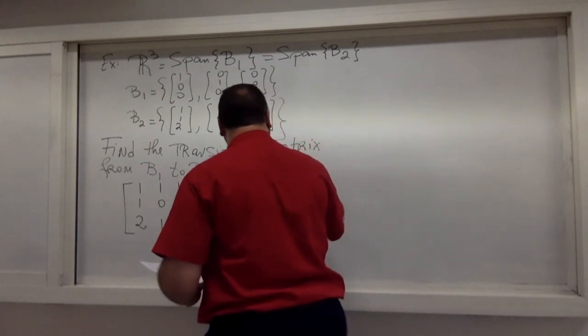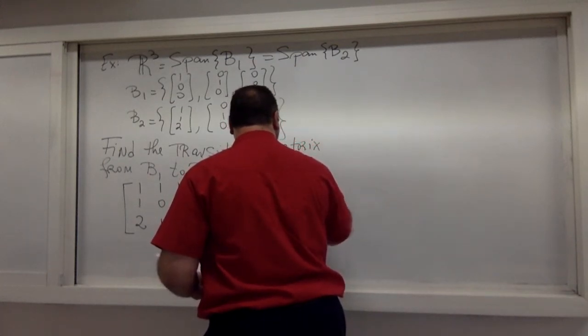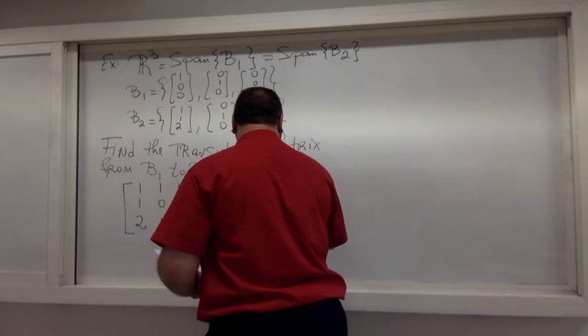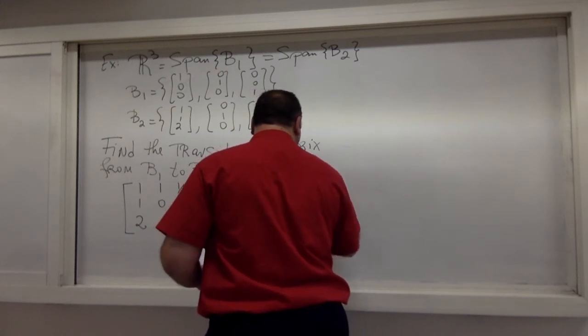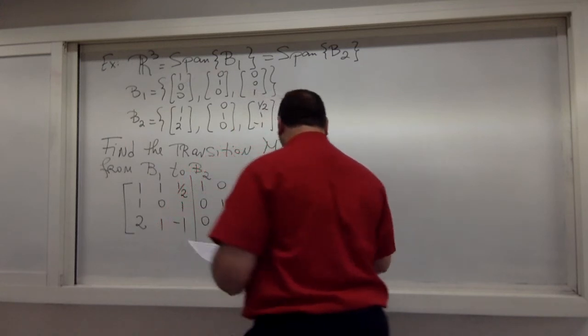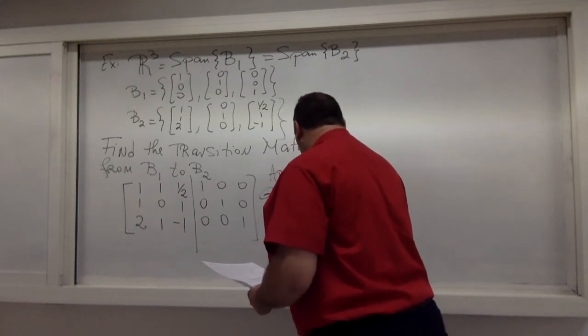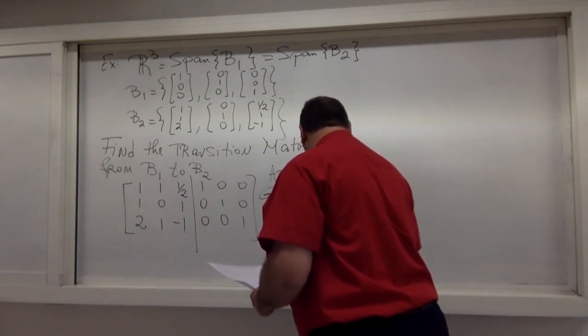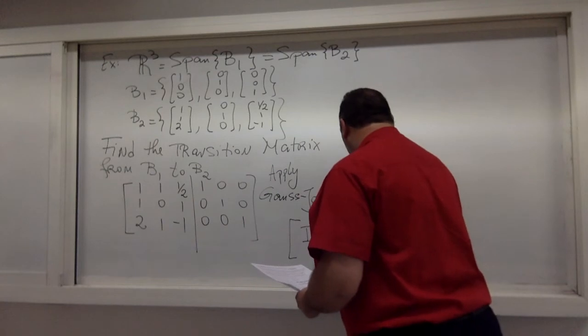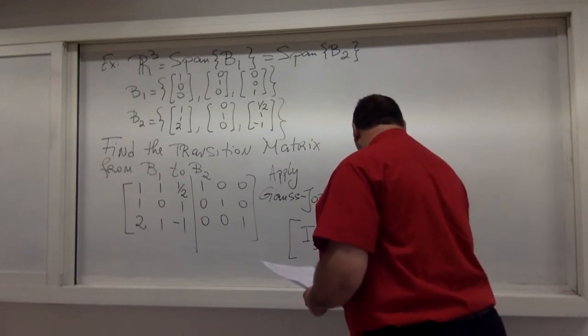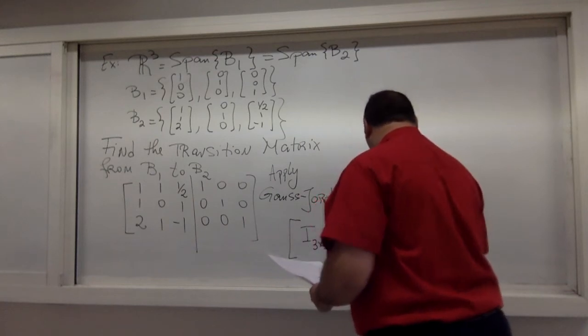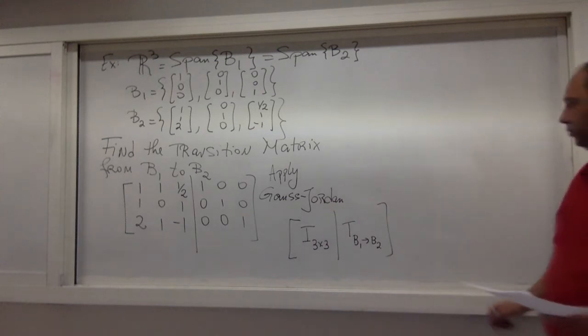So apply Gauss-Jordan. Until you get identity 3 by 3 here, and the transition matrix will be here. Cute.